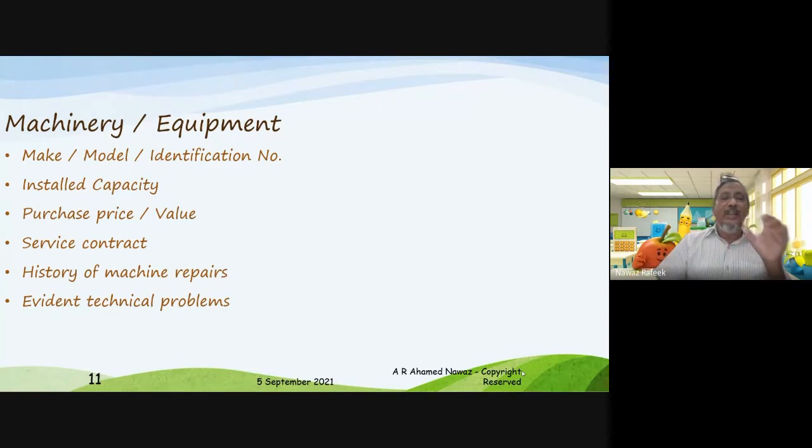So identify those things when you go for inspection. What are the common technical problems? How have the vendors fixed those things? At what cost? Whether at the customer's cost or as a free service? And whether these technical problems are covered by the service contract.